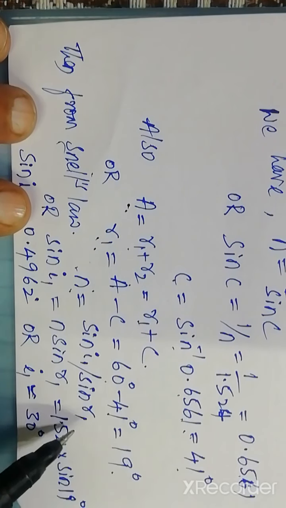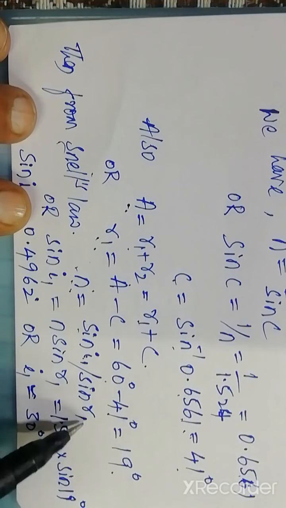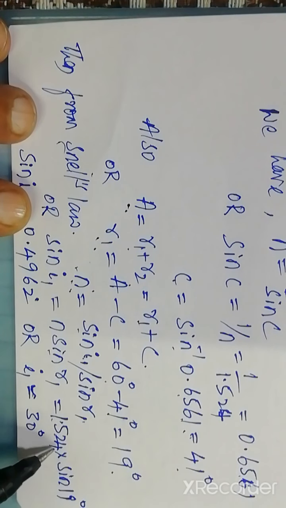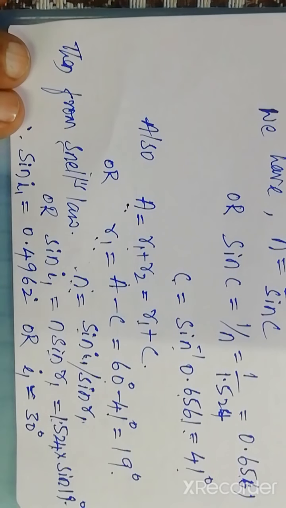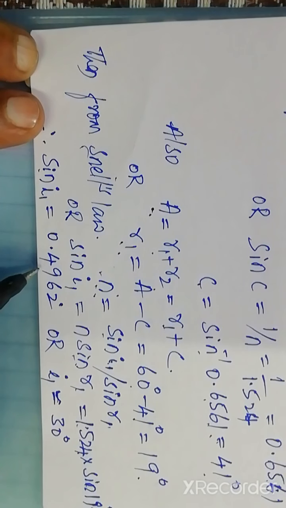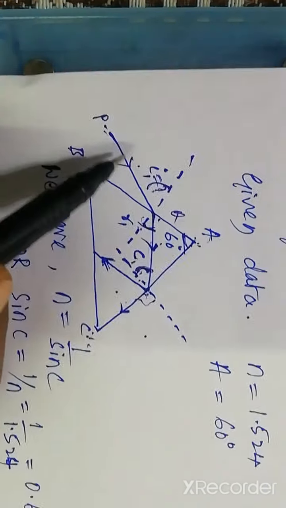We are asked to calculate I1. Sin I1 is n into sin R1. n is 1.524, sin R1 is sin 19 degree. Therefore sin I1 equals 0.4962, or I1 equals nearly 30 degree.